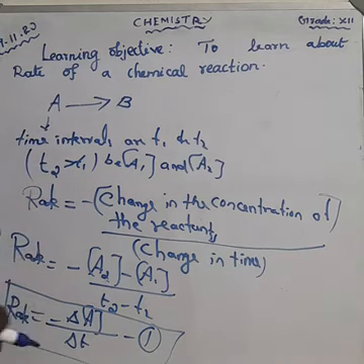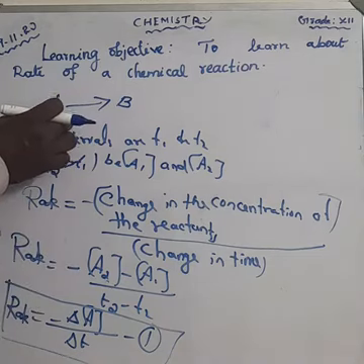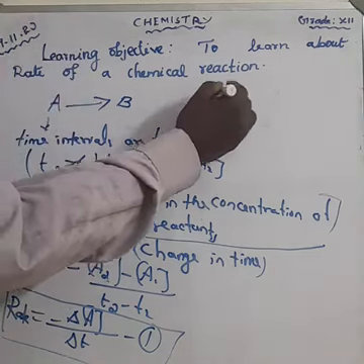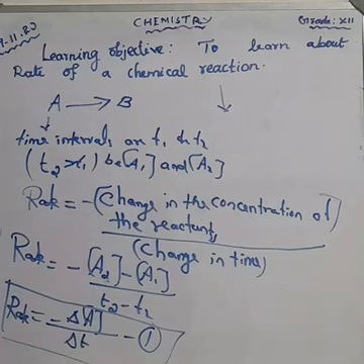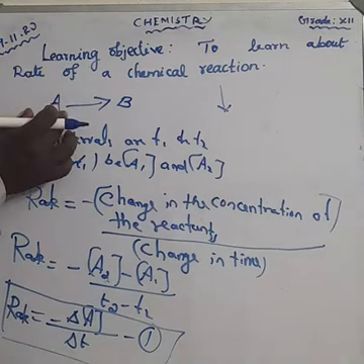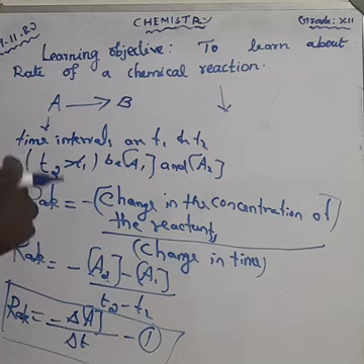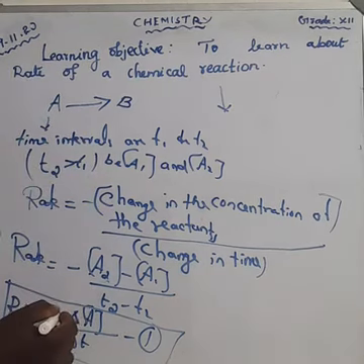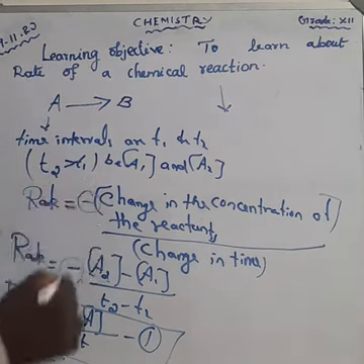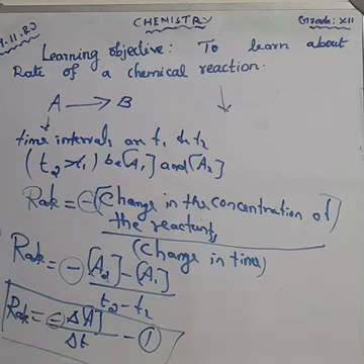During the reaction, the concentration of the reactant A decreases, hence the change in concentration gives a negative value. This is about the rate.